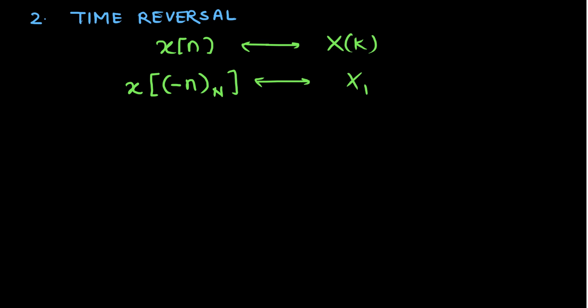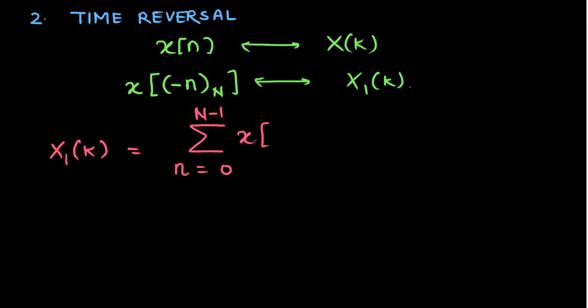Let's say it be given as X1 of k. So we have X1 of k is equal to summation n running from 0 to N minus 1 x of minus n modulo N e to the power minus j 2 pi k n by N.